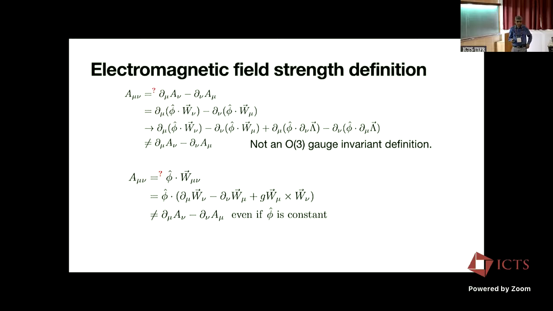So now that you know the gauge field, you might say the field strength is just the curl of the gauge field. But this has certain problems, because if you assume this formula, then you get d_mu phi hat dot W minus d_nu phi hat dot W. And it looks like there's a typo here.